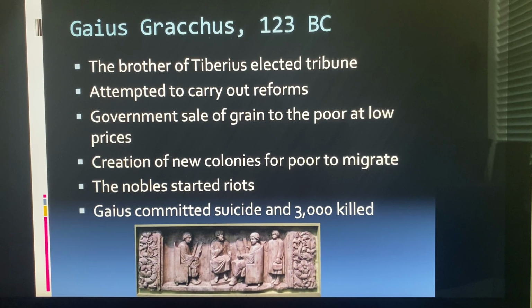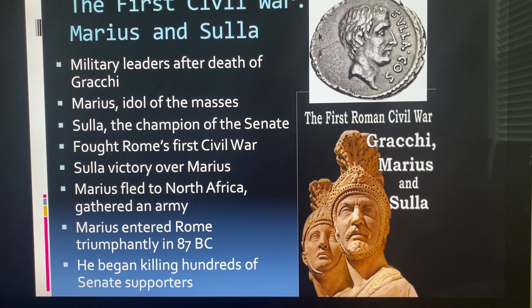Then Gaius ended up committing suicide, probably because they had confiscated him in some way, or took him in as a prisoner, and then 3,000 of Gaius's followers were killed. So Gaius Gracchus and Tiberius Gracchus, sad story, but they were showing forth the rights of the poor. So let's stop right there.